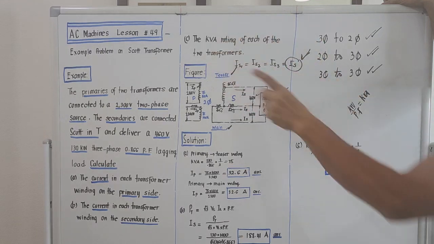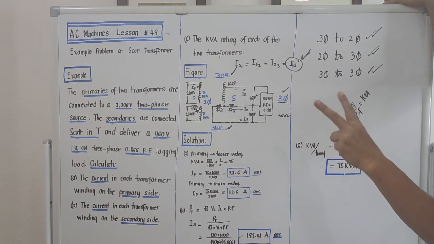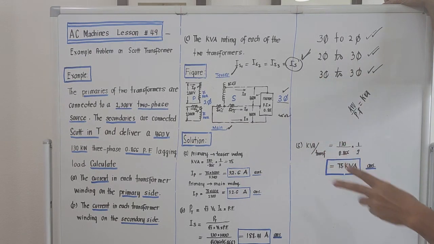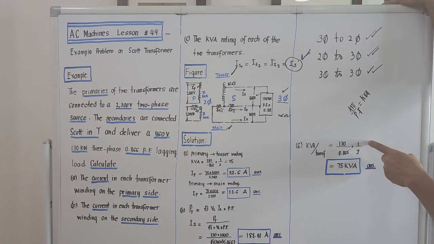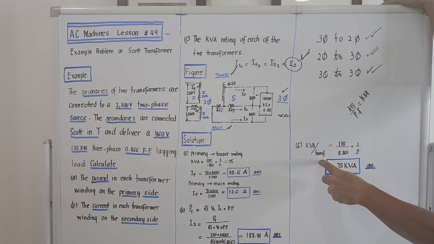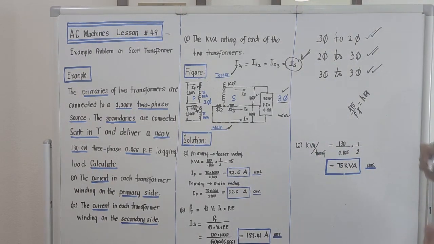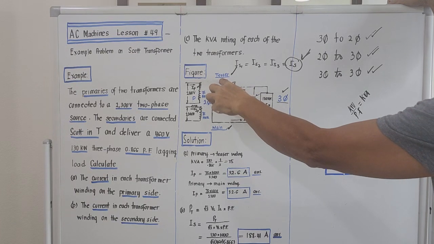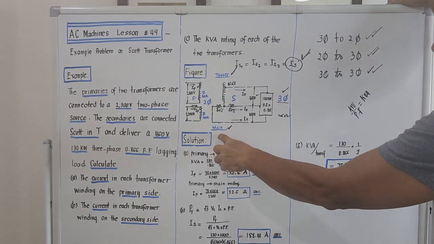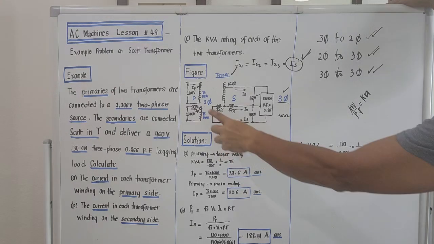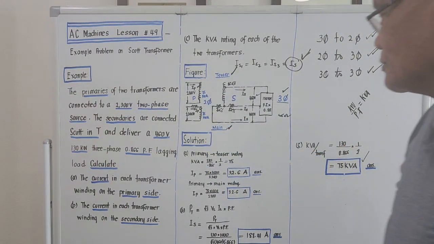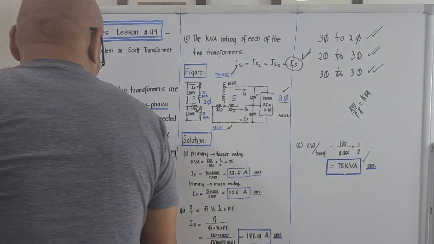But since we are talking about two transformers and they subdivide the load equally, this is times 1/2. So the KVA per transformer is 75 KVA. The teaser transformer will carry 75, and the main transformer will also carry 75.